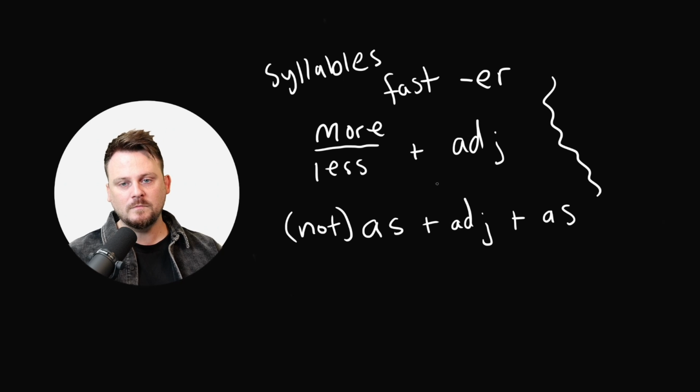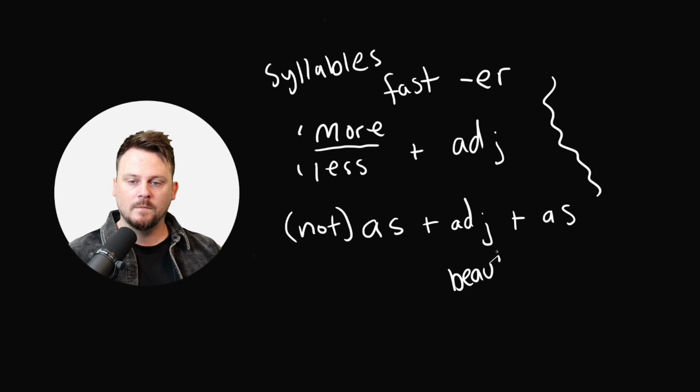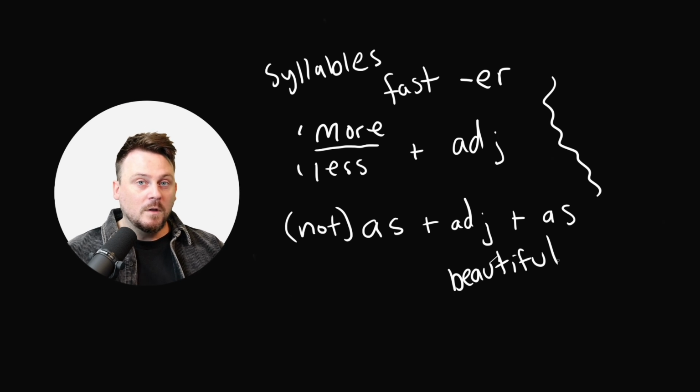If you have a 3-syllable adjective, a 4-syllable adjective, a 5-syllable adjective, a 100-syllable adjective, then you're going to use more or less. So an example of a 3-syllable adjective would be something like beautiful. More beautiful, less beautiful. More interesting, less interesting.